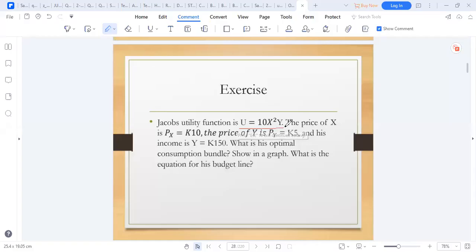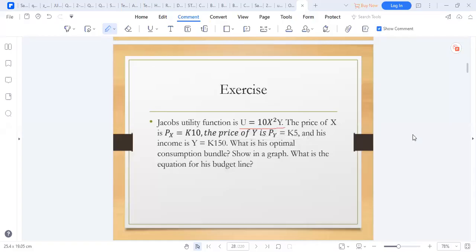So we are told that we have a utility function. Let me go to our module. This came in the exam.